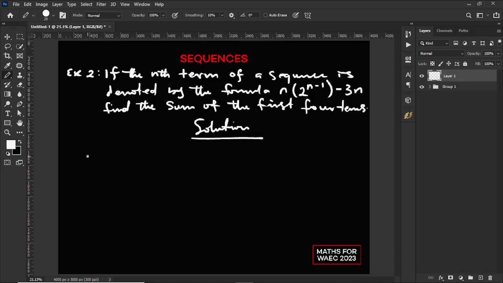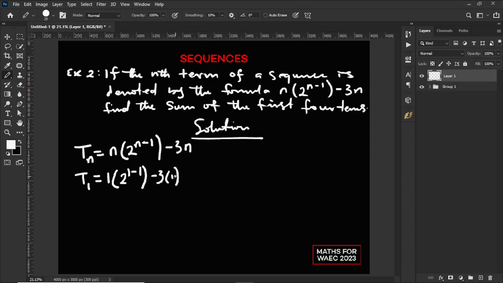So if that should be the case, the first thing you want to do is to write down the nth term of the formula. So we say Tn is equal to n into bracket 2 raised to power n minus 1 minus 3n. So T1 is going to become 1 into bracket 2 raised to power 1 minus 1 minus 3 into 1.